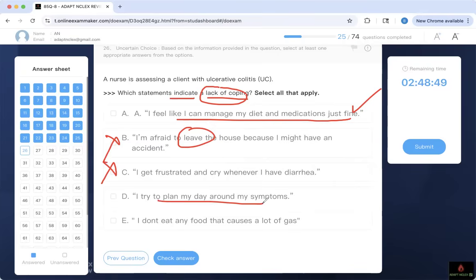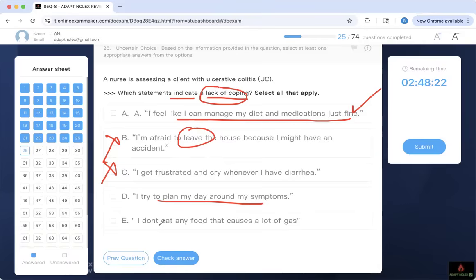He said he tries to manage and plan around his symptoms so that when he's at home, he can have symptoms. Otherwise, when he's going out, there's no symptoms. He plans around. Does that give you a clue? I don't eat any food that causes a lot of gas. That's a good one, right?